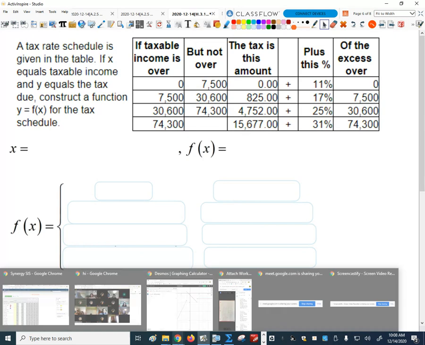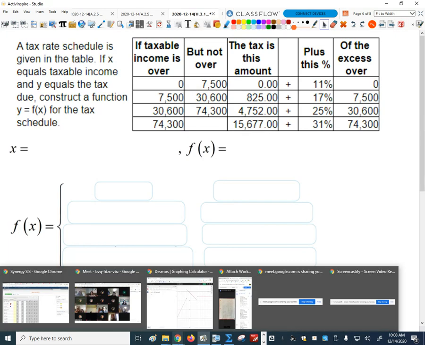Okay, so let's look at an application here. Kendall had a good question about an application. So here's a situation where a piecewise function would be useful. When you're calculating tax rates, oftentimes when you look at a tax table, it'll be broken up into separate rows, and each row corresponds to a different tax rate, right? Generally, the bigger your income, the larger the percentage of tax you pay.